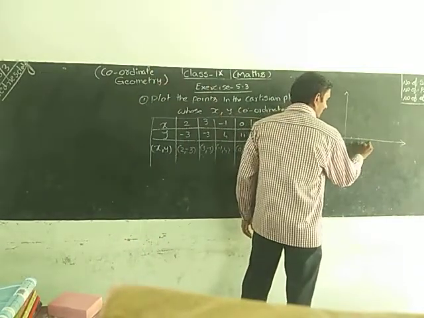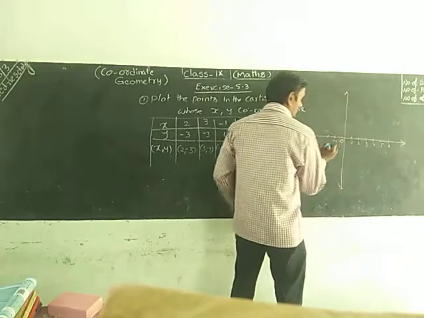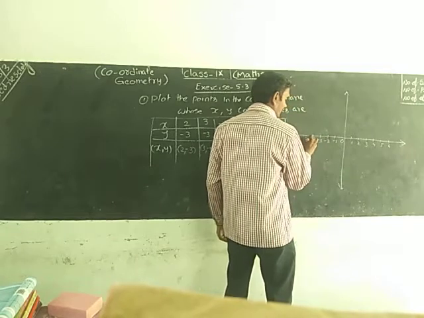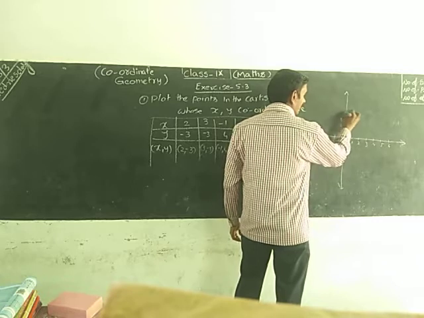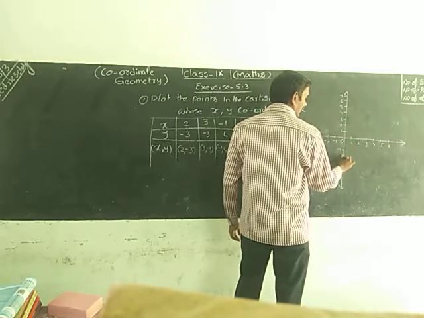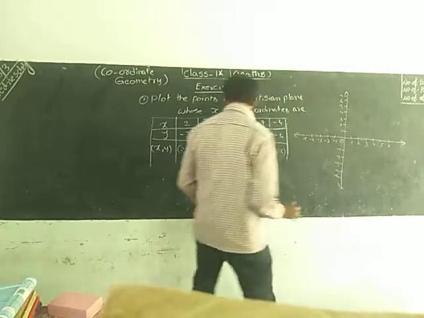Mark 0, 1, 2, 3, 4, 5, 6. On the left side of 0 we have minus 1, minus 2, minus 3, minus 4, minus 5. On the y axis, 1, 2, 3, 4, 5, 6, 7, and minus 1, minus 2, minus 3, minus 4. What is the first point here?